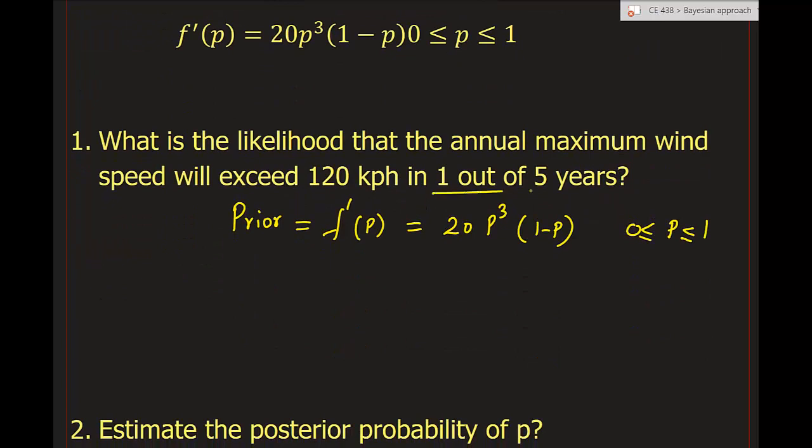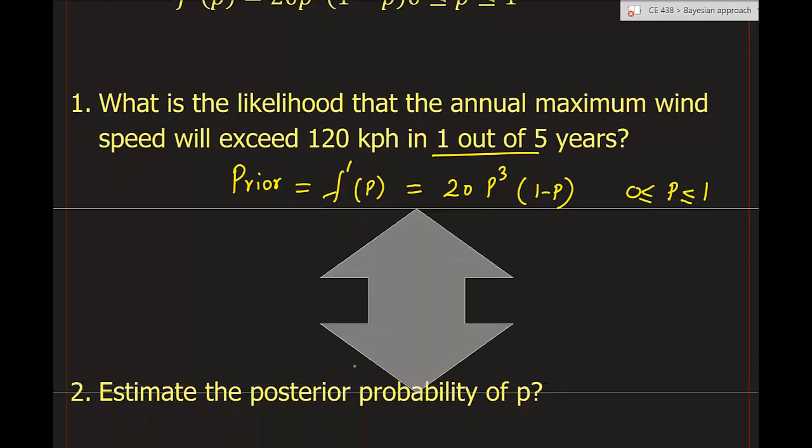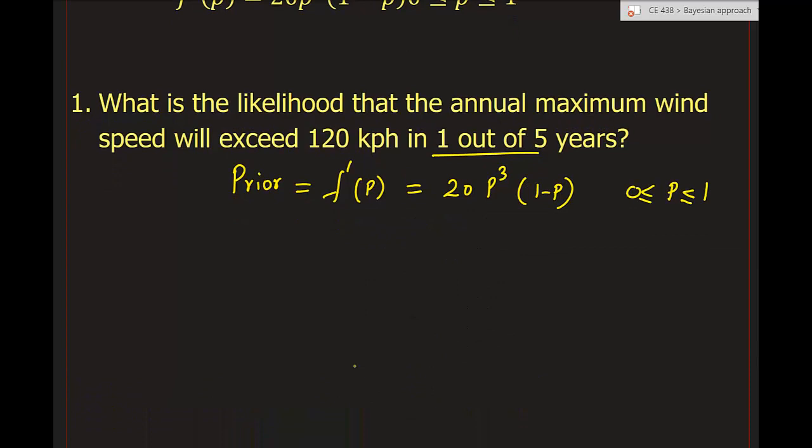Now the likelihood function says it will exceed in 1 out of 5 years. This means that out of 5 years, 4 years will not exceed.